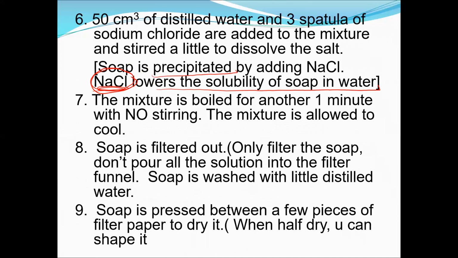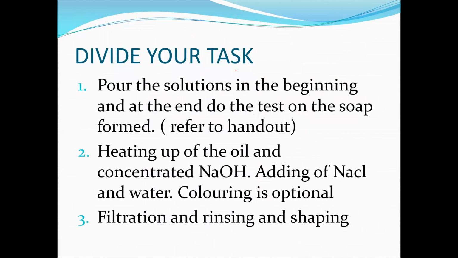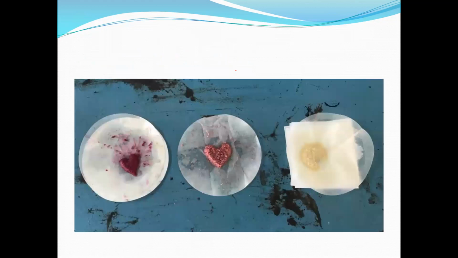If I didn't put the sodium chloride, it will become very much a solution. Then you cannot see the soap. But if I put in sodium chloride, then it becomes like a precipitate. We did this experiment in class, isn't it? Yes. So I'm sure you all remember the steps. Now all these are your work.